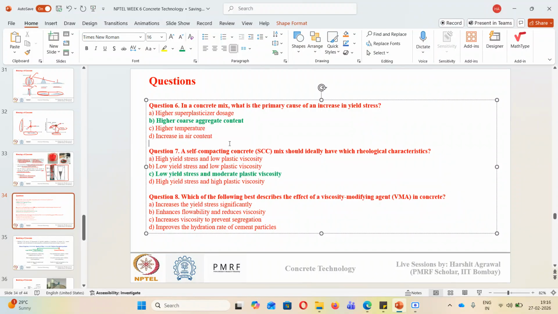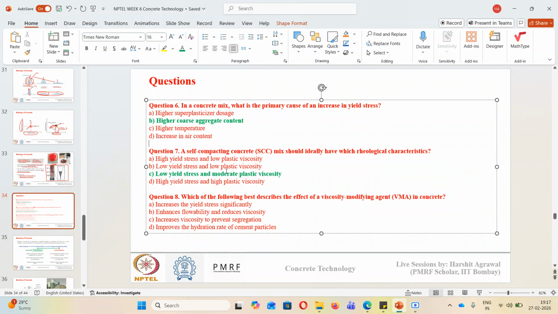A self-compacting concrete should easily flow without segregation or without any excessive bleeding. That is known to us. And it needs a lower yield stress to initiate the flow and fill the formwork, so that we saw from the Newtonian fluid graph. However, it should have moderate plastic viscosity and not low plastic viscosity.